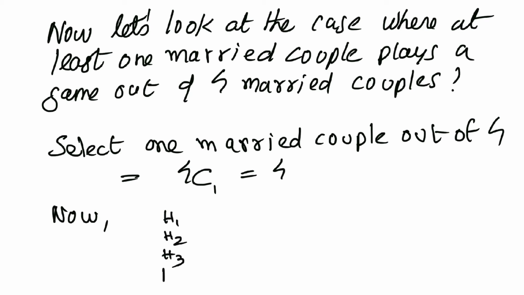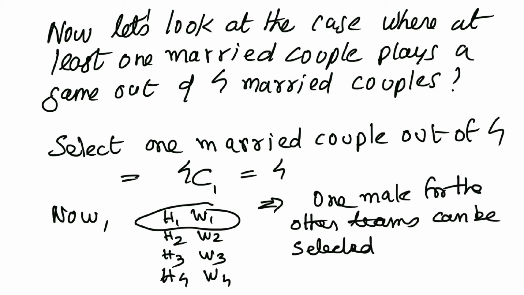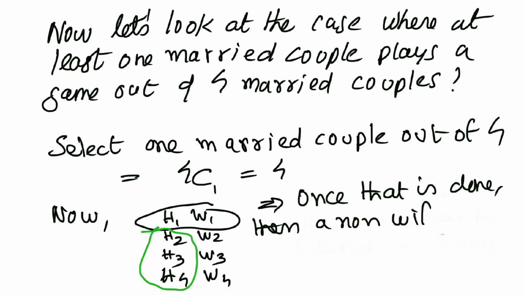Now we can see that out of these 8 players, one male for the other teams can be selected in 3 ways, and you can get a non-couple female afterwards in 2 ways.